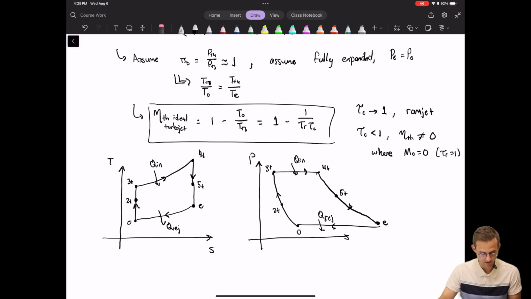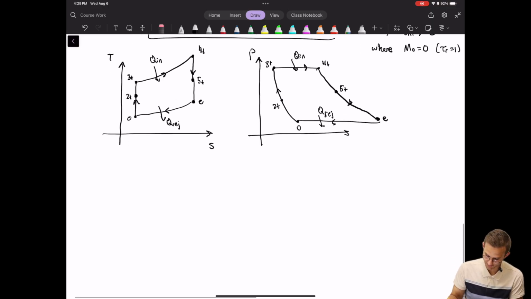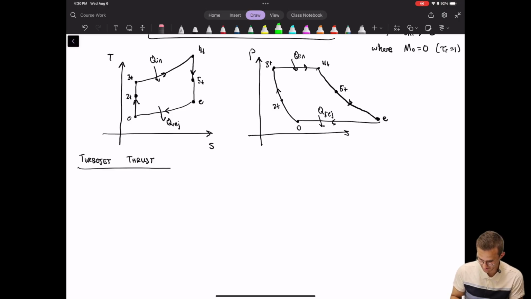Now let's go ahead and calculate the thrust. Now we're really going to do it just in terms of the engine parameters, kind of like we did at the end of the last lecture for the ramjets. But again, I want to caution against using the formula that we're about to develop in your homework without checking to make sure that you are indeed dealing with the ideal turbojet.